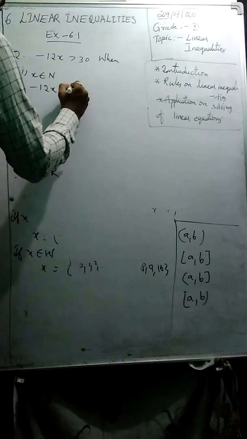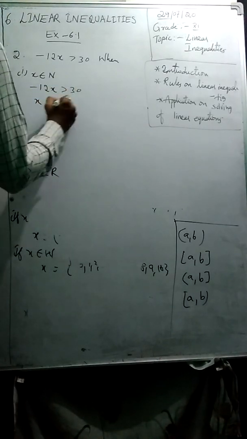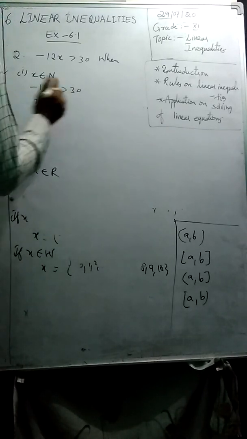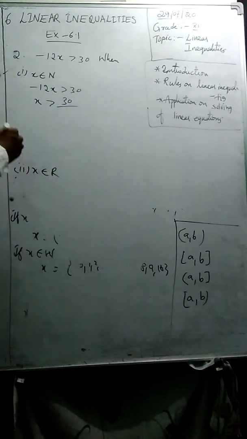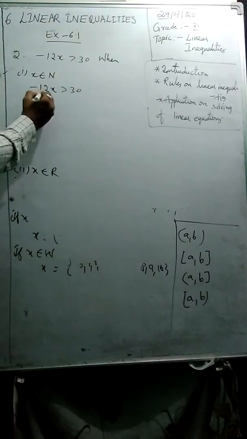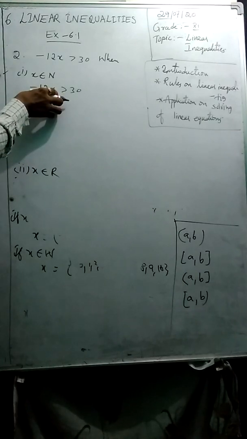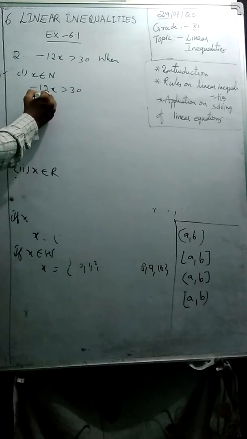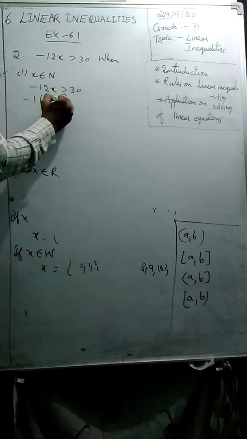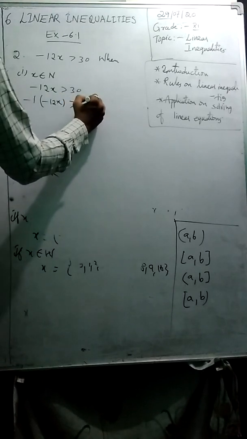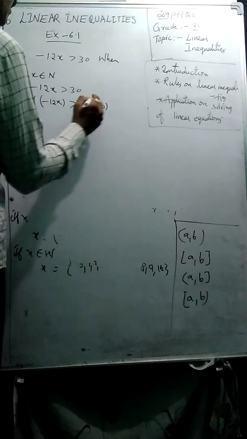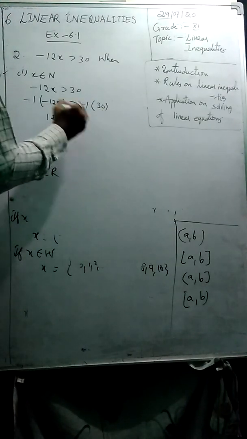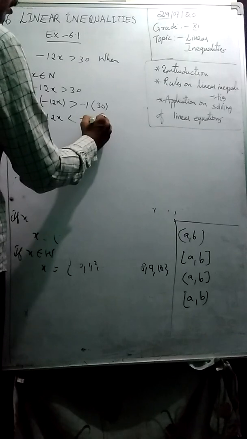As you know how to solve a linear inequation in one variable, same way we will do it. First you make it positive, I mean, whenever we have the x variable negative, we should multiply by -1, because as we discussed just now, in an inequality, when we multiply by a negative quantity, the inequality gets reversed.